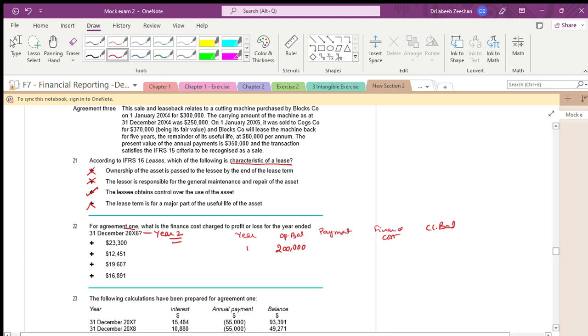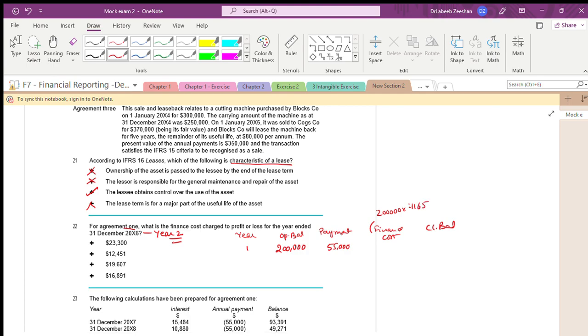Payment in the first year is 55,000. Finance cost is 200,000 into 0.1165.